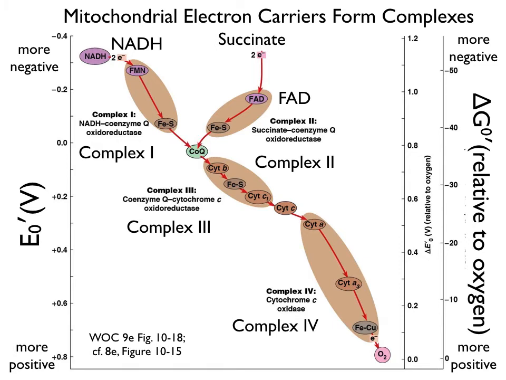And you can see that that complex, which involves FADH giving up electrons and feeding them into the electron transport system, feeds in a slightly different place in terms of standard electrode potentials relative to NADH. Right, so it's this flow of electrons from NADH and FADH2 down to molecular oxygen that is going to generate the energy we need to create ATP.